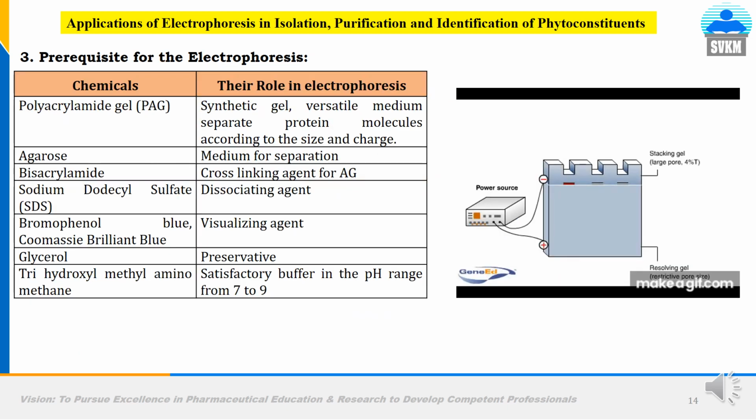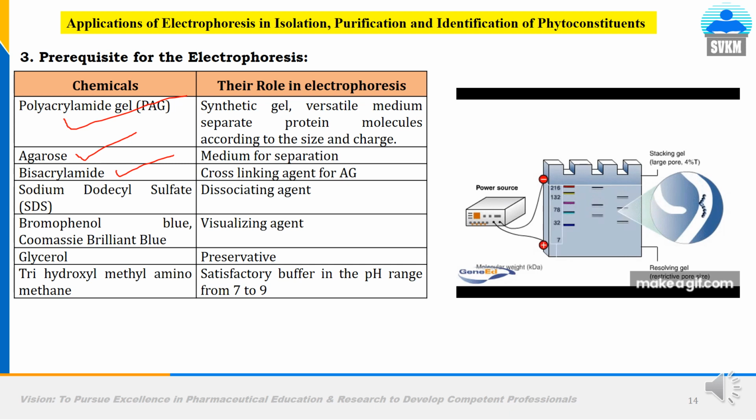Prerequisites for electrophoresis further: we can see here that polyacrylamide gel can be used as the stationary phase. We can also use sodium dodecyl sulfate as a dissociating agent. Polyacrylamide gel is a synthetic gel, a versatile medium for separation, and agarose is also a medium for separation, the same as silica gel in TLC.